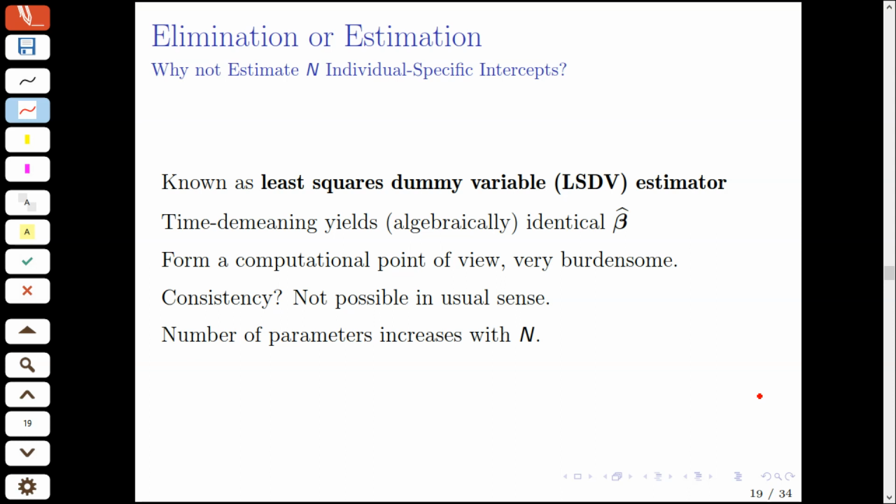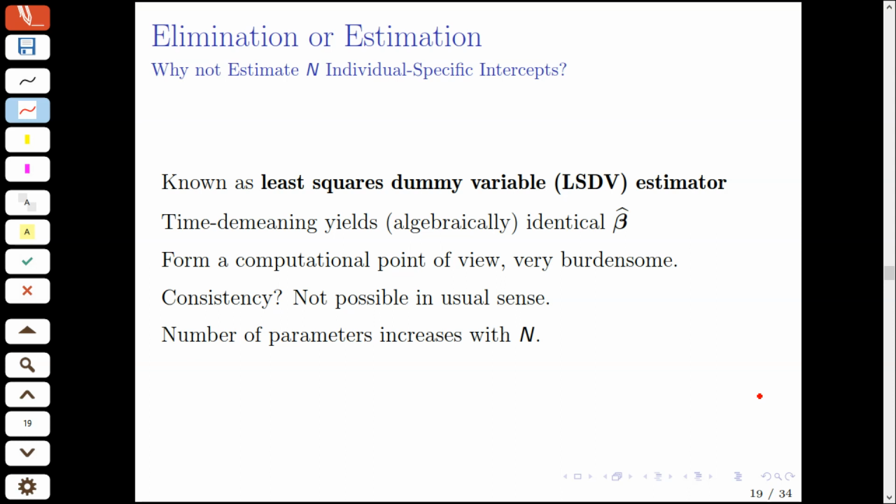Now one may show that, well, this procedure already exists, and it's known as the least squares dummy variable estimator. Least squares because we use a least squares procedure, dummy variable because it amounts to just adding a dummy variable for each individual, all n of them, to our existing list of regressors.